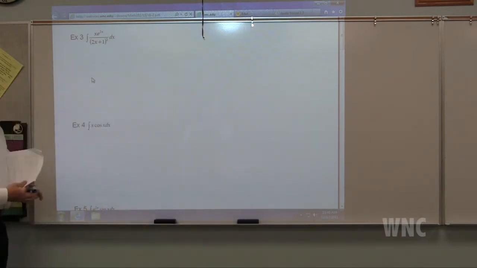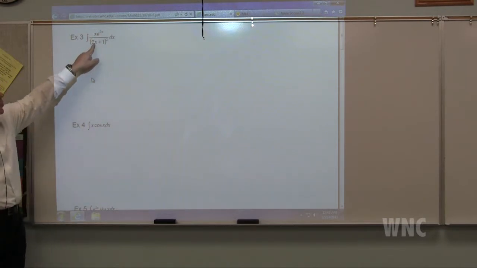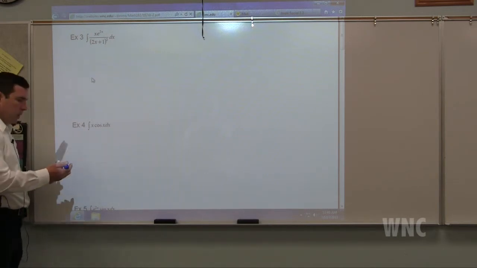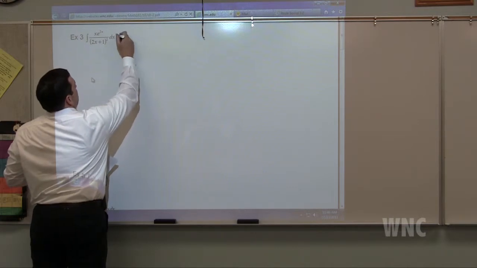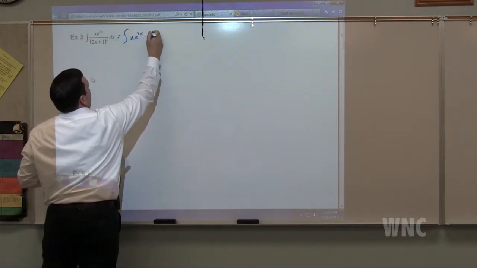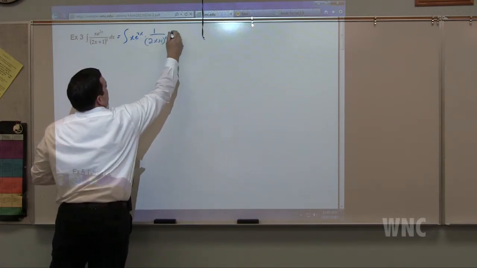Here we have, for example 3, the integral of x e to the 2x over 2x plus 1 squared dx. Think of this as the integral of x e to the 2x times 1 over 2x plus 1 squared dx.